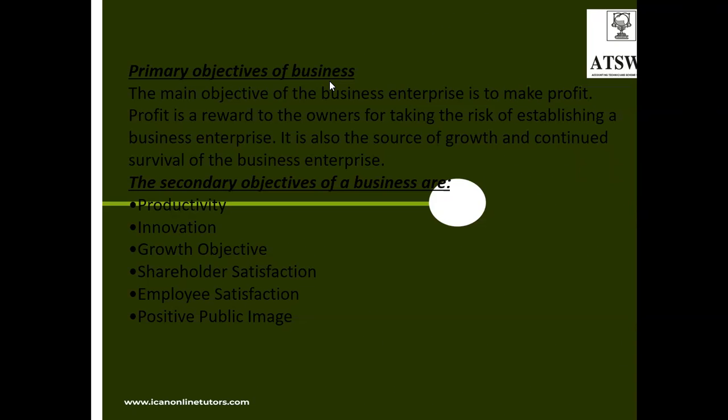If you are engaging in this CSR, you're able to have a positive public image. If you discover that in this particular community there's no water, there's no electricity, you can donate some things to them.